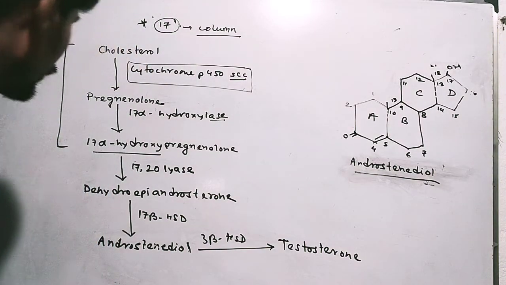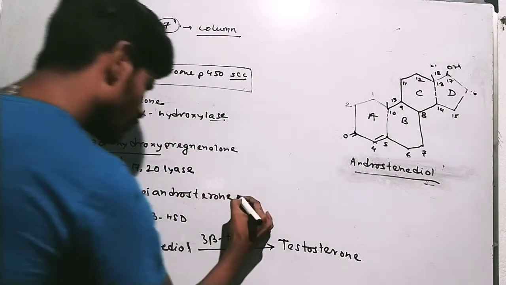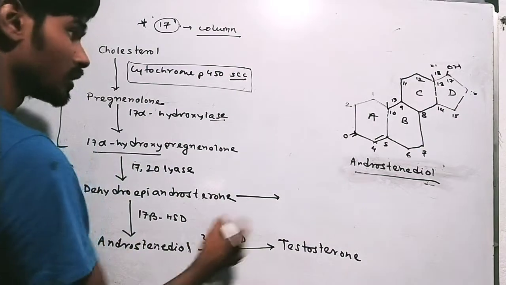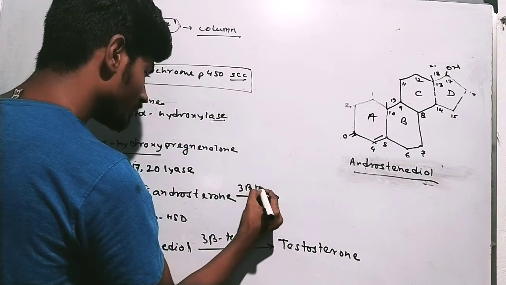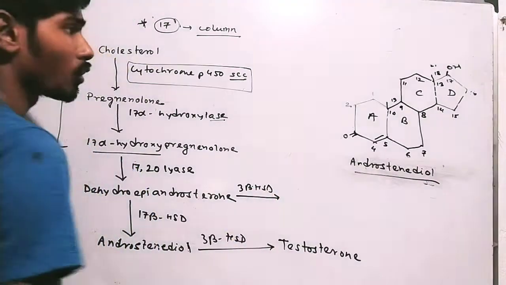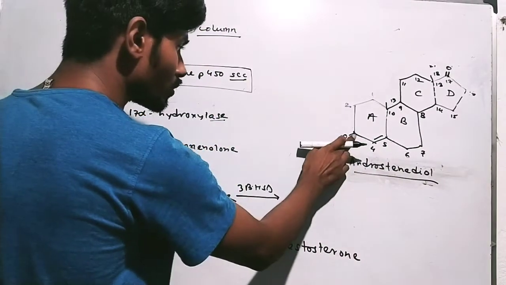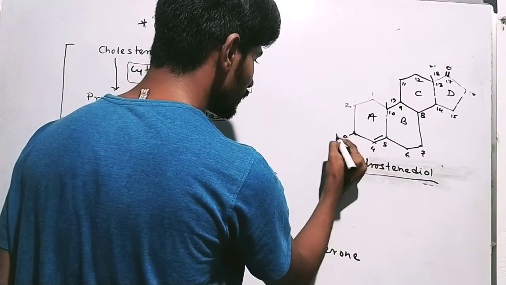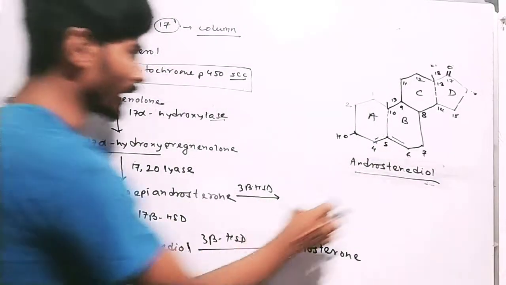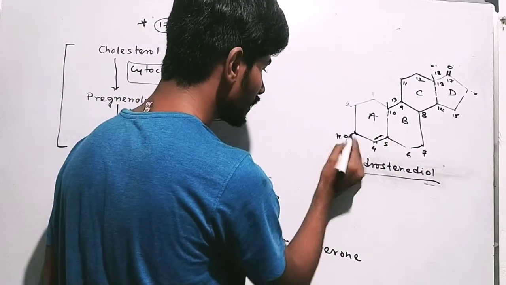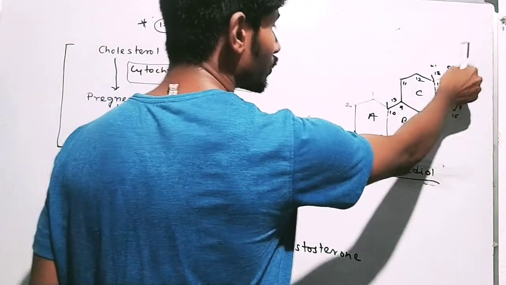And now if I told you that if you just introduce the 3 beta HSD first, what will be the consequence? Okay, so it was like this, and if you just introduce this 3 beta HSD, again you will get this structure and this keto group, and this oxygen will be there.